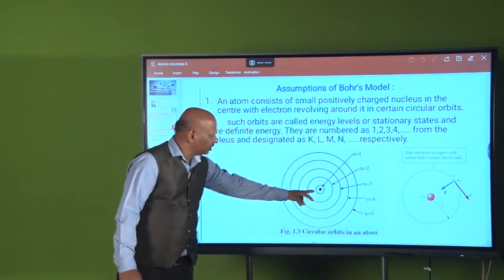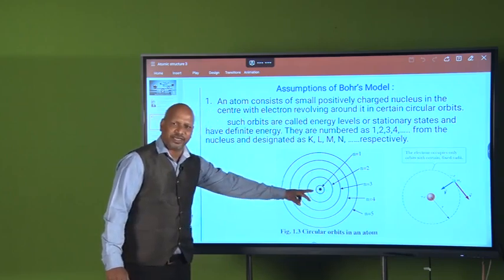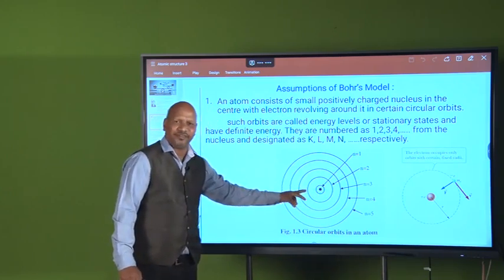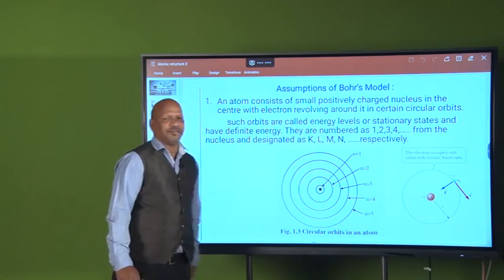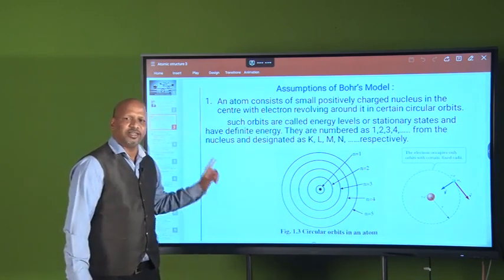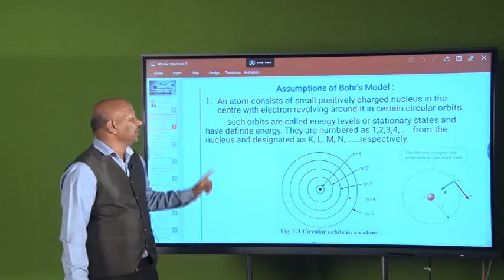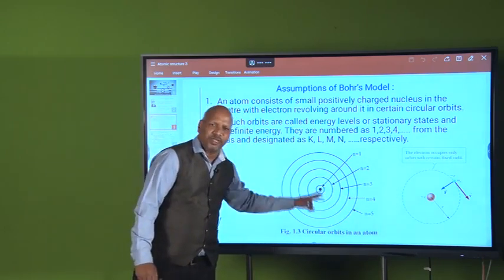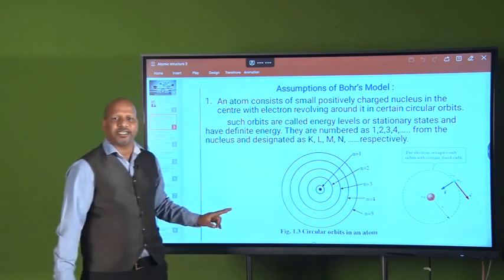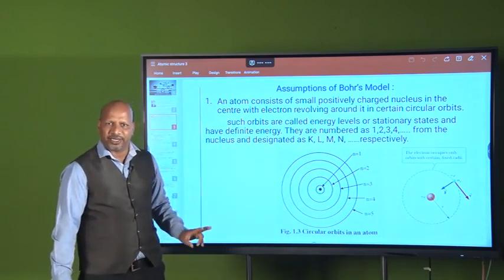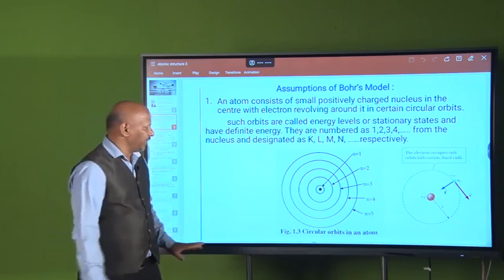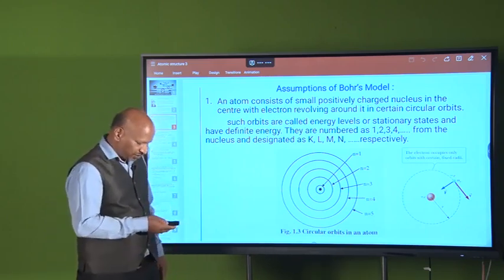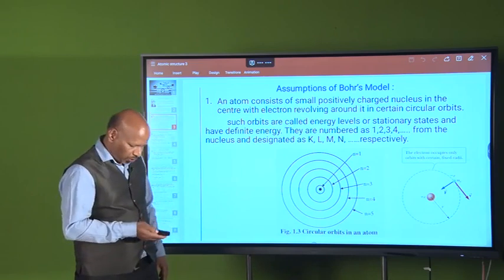For the first level it has fixed energy, for the second one it has fixed energy. These orbits are numbered 1, 2, 3 and so on from the nucleus, and they are designated as capital K, L, M, N and so on. So, this is the first assumption.